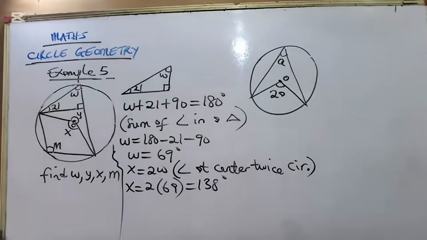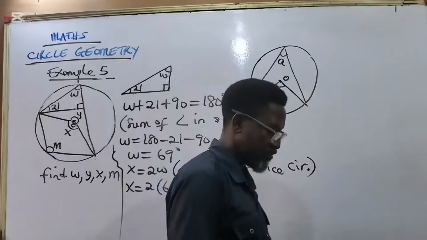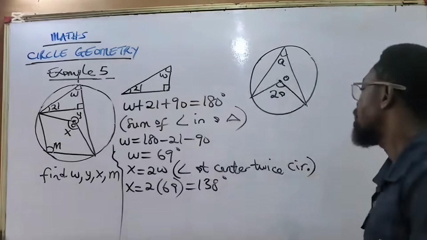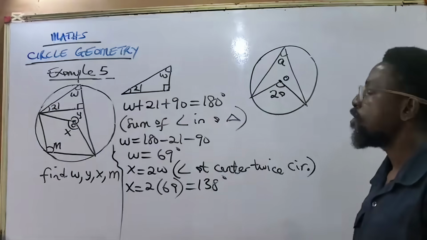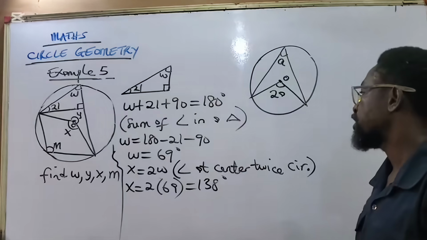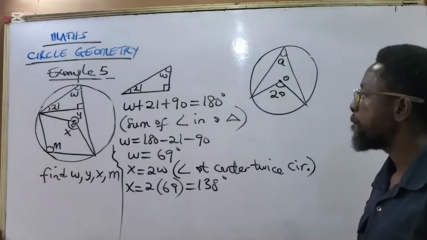That gives us 138 degrees. So after obtaining that now, we take a look at the diagram again. You see something glaring there, which is Y.